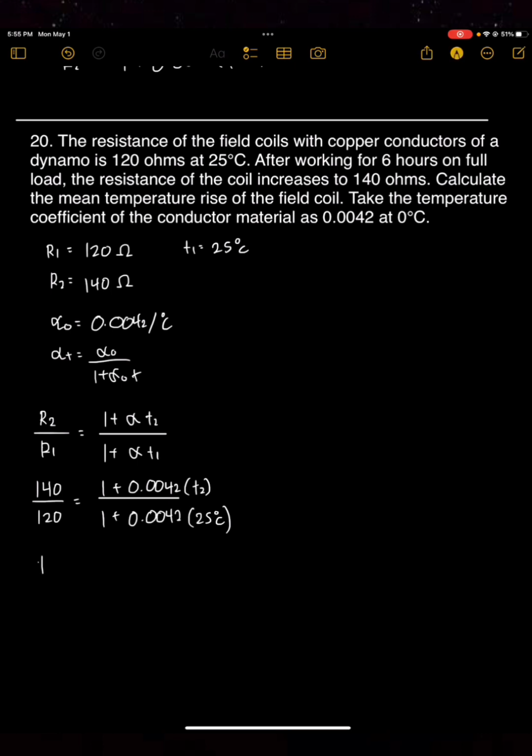So, we'll find the value of T2, which is 68.85. Since we're looking for the mean temperature, T2, which is 68.85, will be deducted by T1, which is 25 degrees Celsius. So, we'll have the mean temperature at 43.8 degrees Celsius.